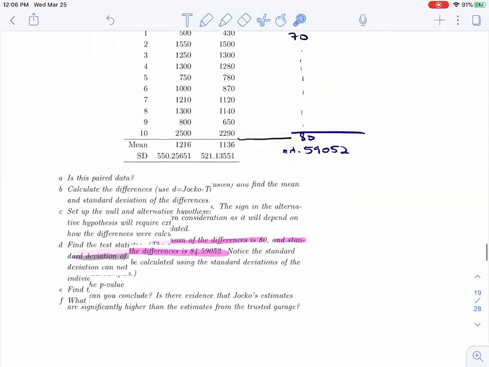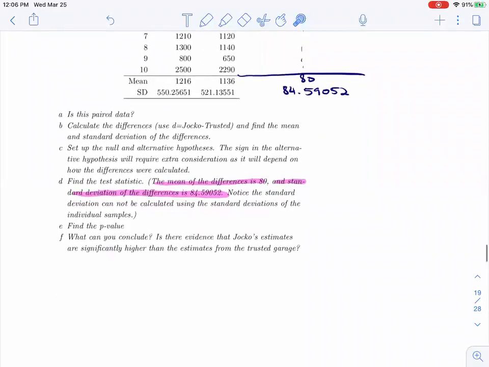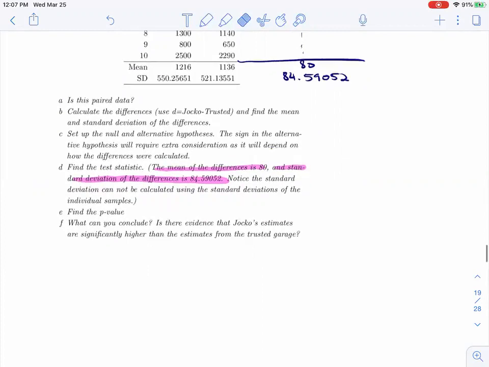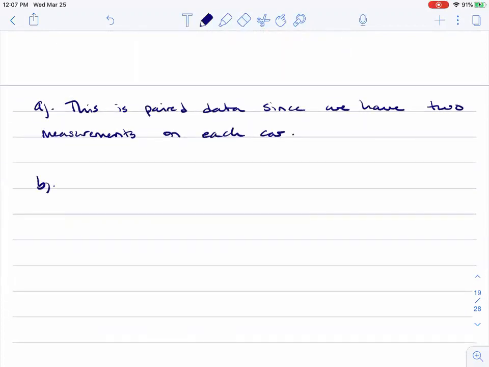But they're given, so we'll pretend that we did step B.